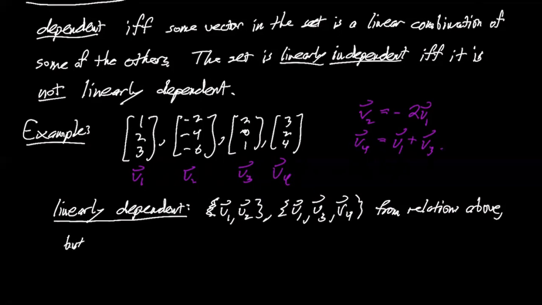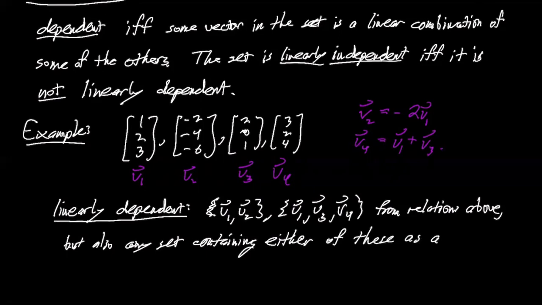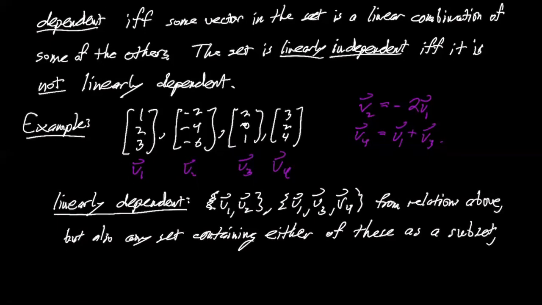So, but also any set containing either of these as a subset. For example, we could just take v1, v2, and v3.